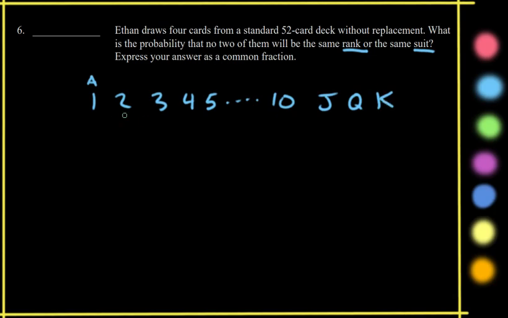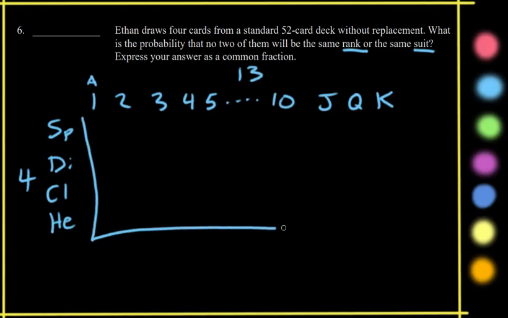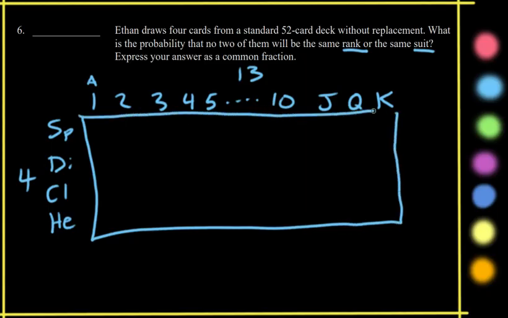So those are all the ranks, and then the suits, you've got spades and diamonds and, let's see, clubs and hearts, right? So there's 4 different suits and there's 13 different ranks, and when you multiply 4 by 13, you get your 52 cards in your standard deck. All right.